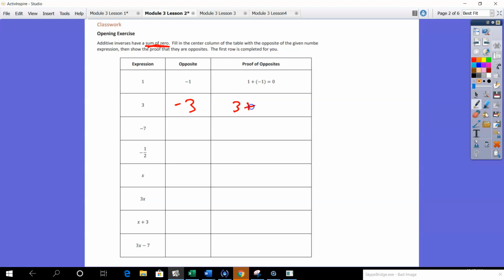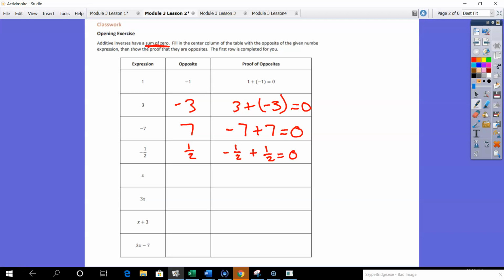So 3 plus -3 equals 0. The opposite of -7 is positive 7. So -7 plus 7 equals 0. The opposite of -1/2 is positive 1/2. So -1/2 plus 1/2 equals 0.